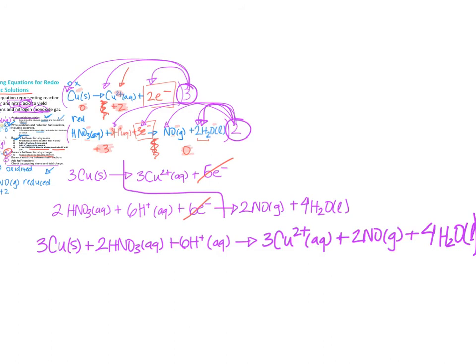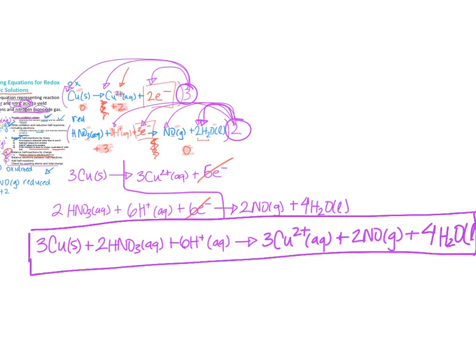Okay, so I rewrote everything and now it's all together as one giant equation. What we're going to do is make sure real quick that atoms are balanced and also that charges are balanced. I have 3 coppers, 3 coppers.